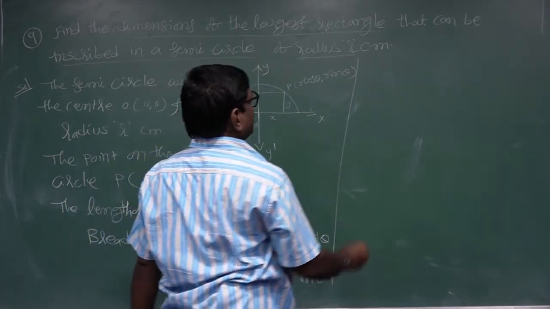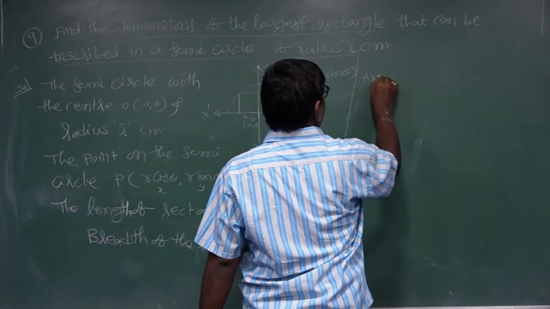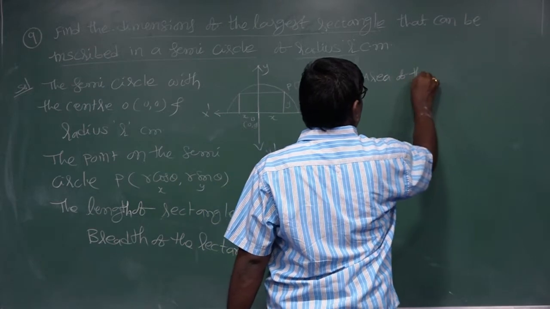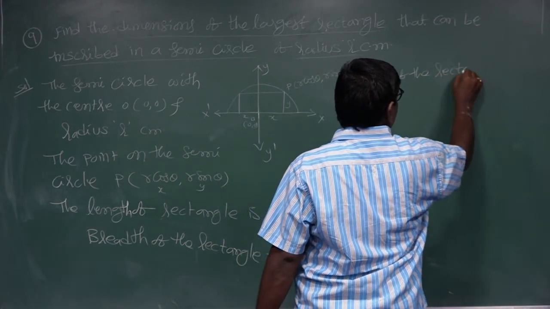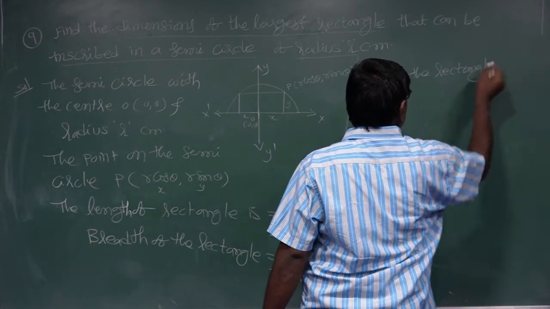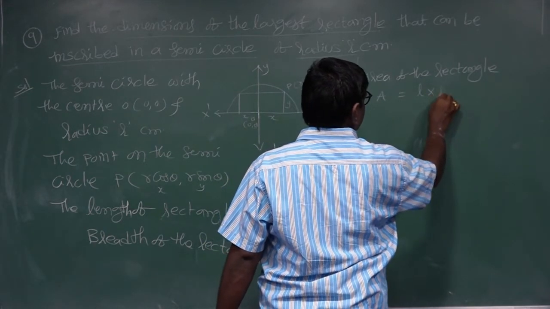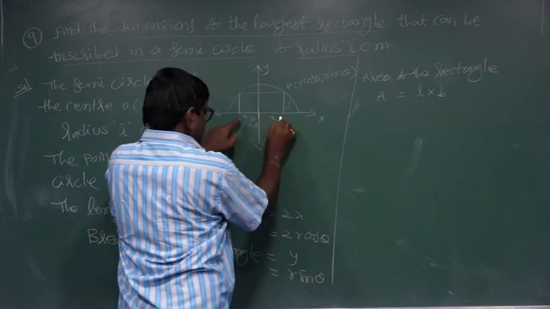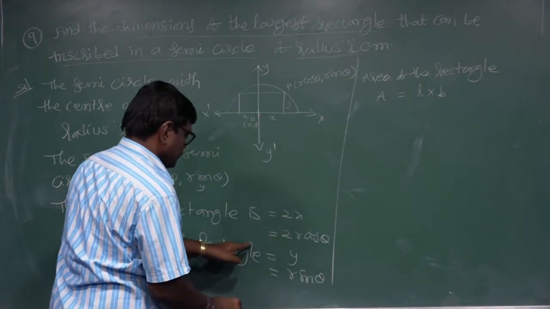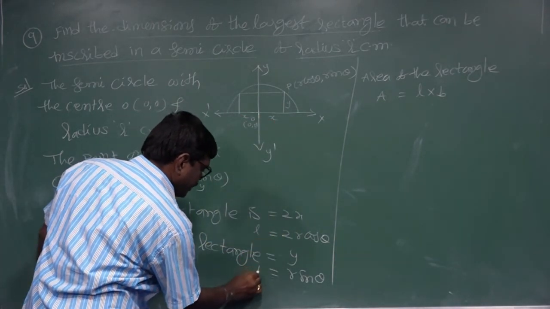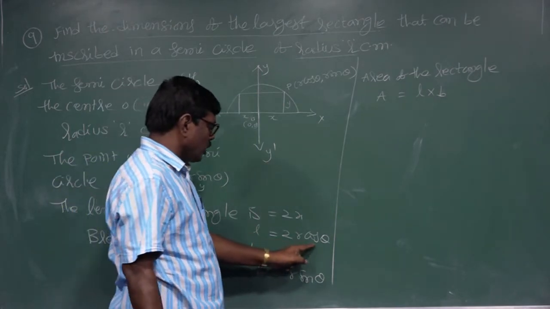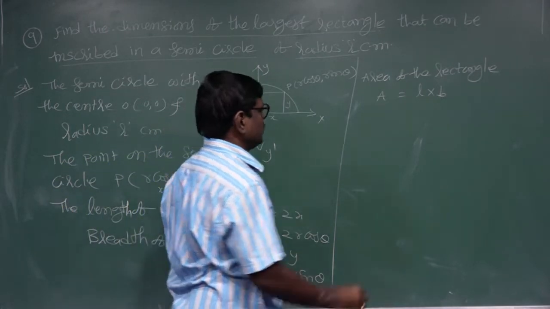Area of the rectangle: capital A equal to L cross B. The length L is 2x, that is 2r cos theta, and B equals r sin theta.